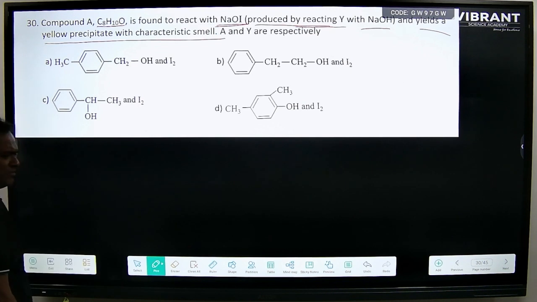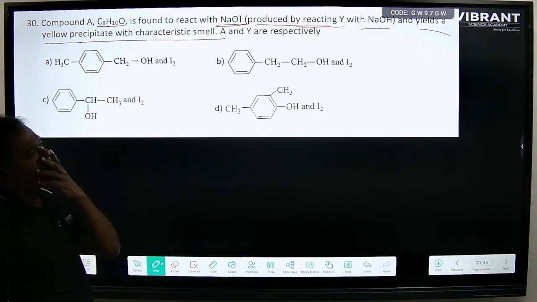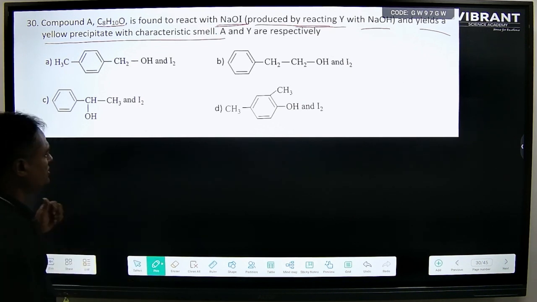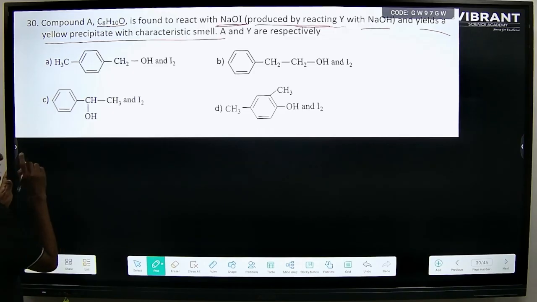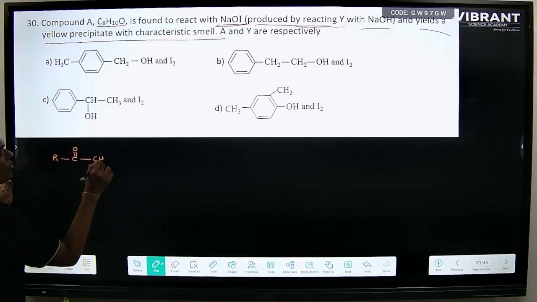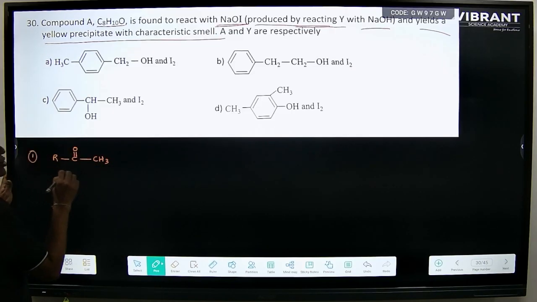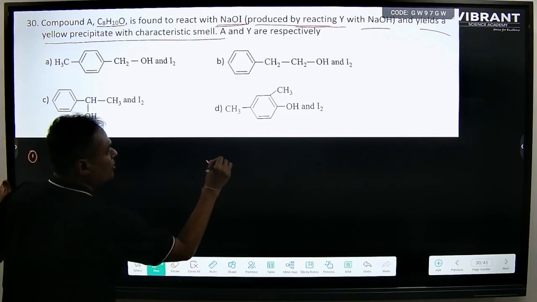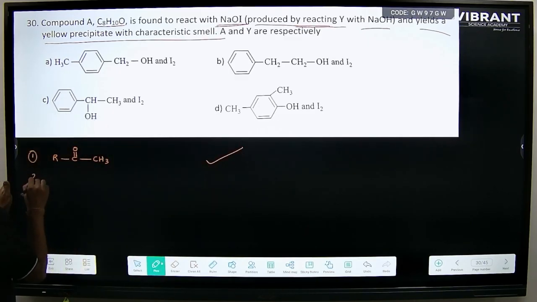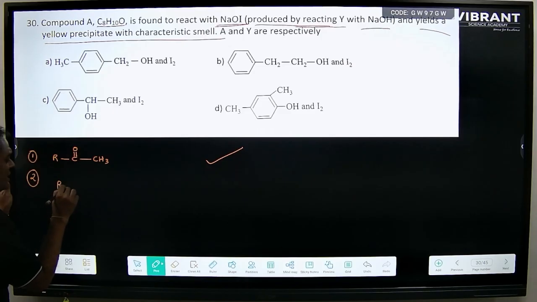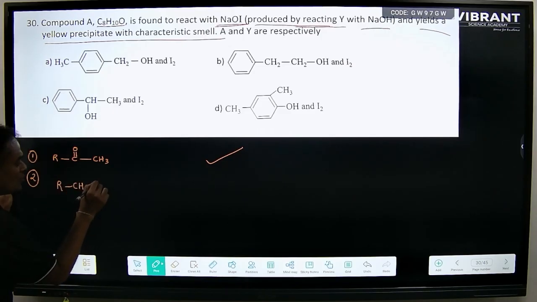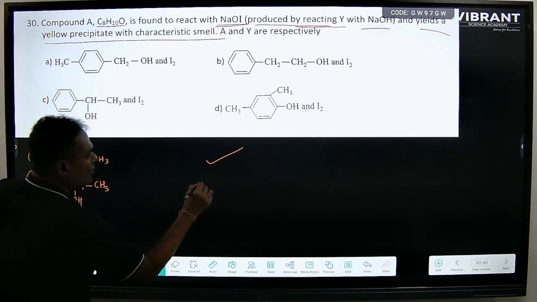I think, before we start, it is related to the iodoform test, and in the iodoform test, there are always 4 types of compounds that can give this test positive. First, a compound which contains a methyl ketone group is the first compound that can show the iodoform test positive. Second, secondary alcohols are those compounds which can again show the iodoform test positive.